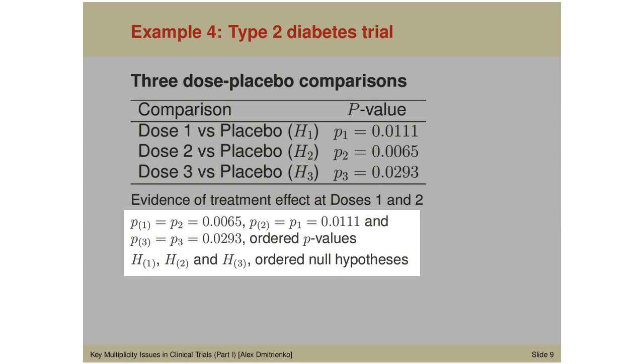For example, the smallest p-value is 0.0065, and the largest of the ordered p-values is 0.0293. This is a list of the ordered p-values, and similarly, we can define the ordered null hypotheses. They simply correspond to each one of those 3 ordered p-values.